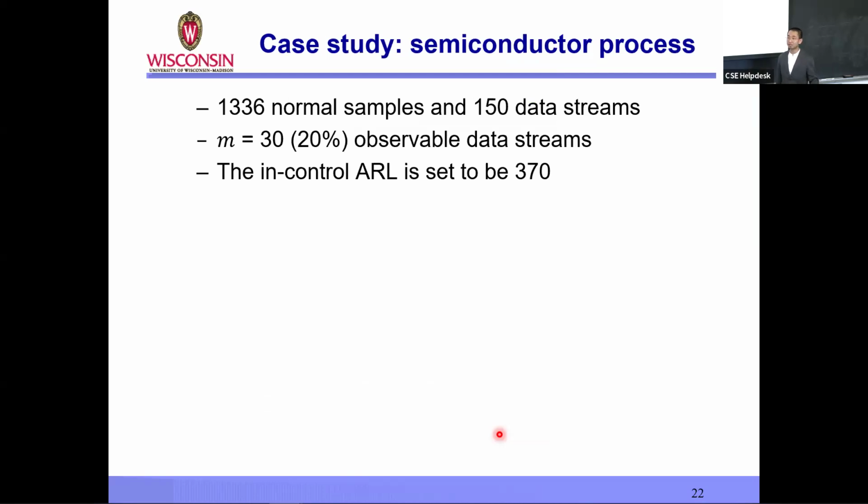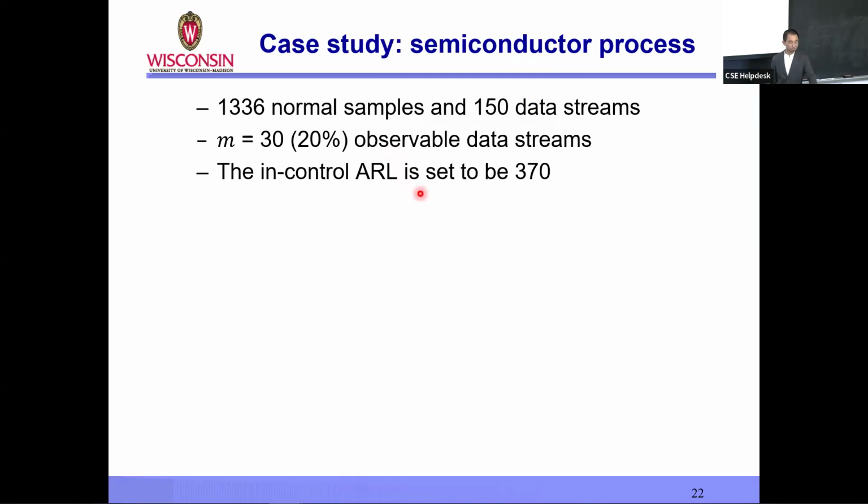Further, we conduct a case study on the data set of a semiconductor process. In this case study, we have around 1,300 normal samples, and we consider 150 data streams. We only consider 20% of the data streams to be observable.